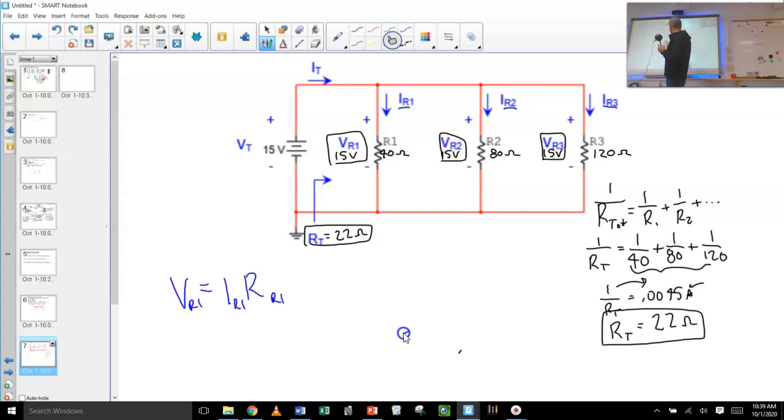The resistance of resistor 1 is 40. I don't know the current, but the voltage is 15. So I take 15, divide by 40, and you end up with 0.375, or 375 milliamps.